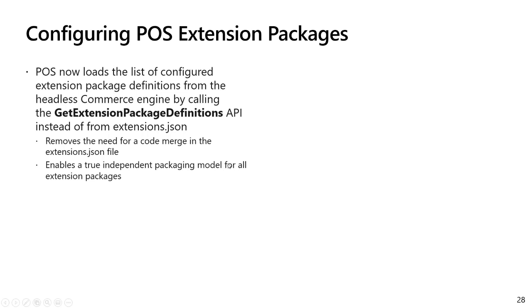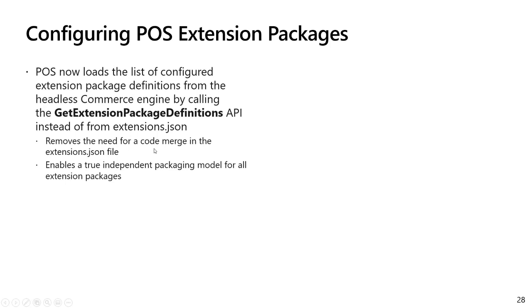The next change, and a one-time change, was moving away from extensions JSON to configure which extension packages will be loaded. This extensions JSON approach required a merge if there were different extension packages, which was incompatible with the independent packaging mantra. So what we've done is introduce a new API in the headless commerce engine called Get extension package definitions.